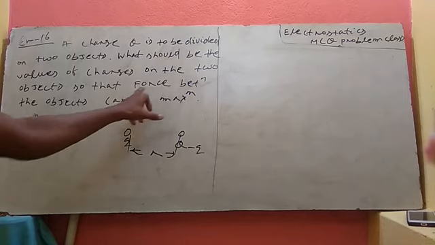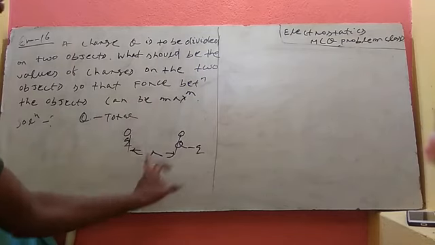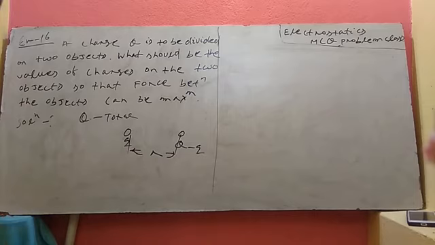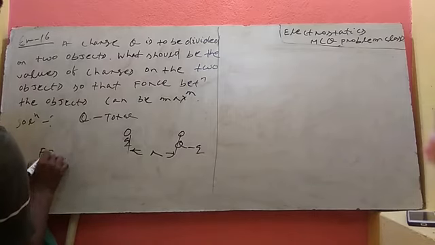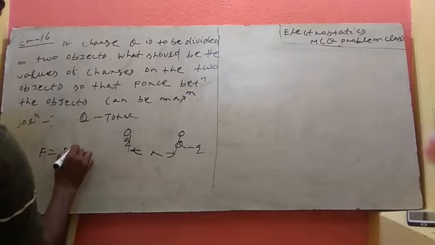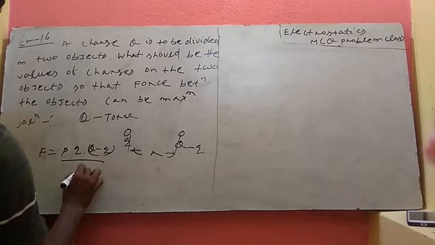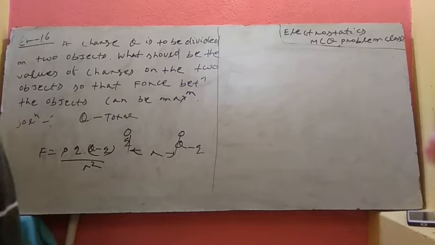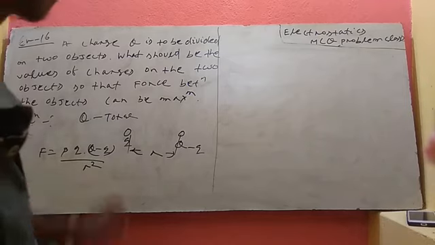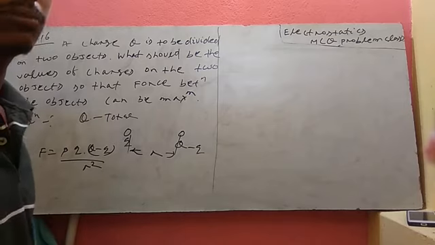So the question asks, the force between the two objects can be maximum. So you can write force is equal to k q into (Q minus q) by r square. But this question asks that this force must be maximum.